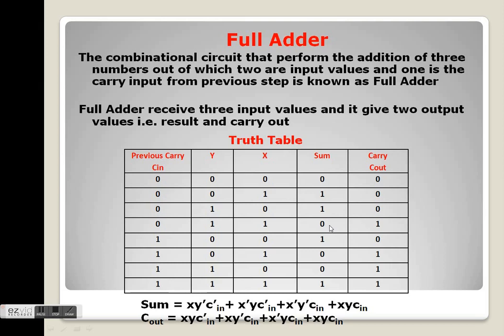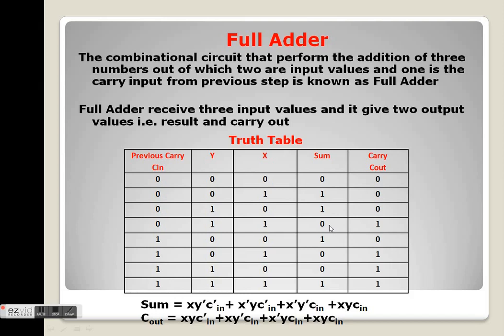Okay, so if the value of the inputs is 0, 0 and the value of the carry input is 0, then the sum will be 0 and the carry out will be 0. If the value of the input X is 1 and the value of the input Y is 0 and the carry input is 0, then the sum will be 1 and the carry output will be 0.